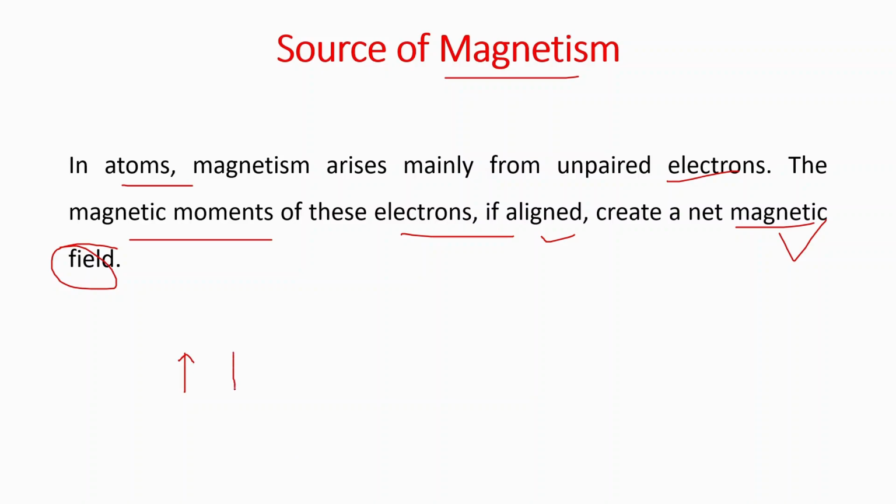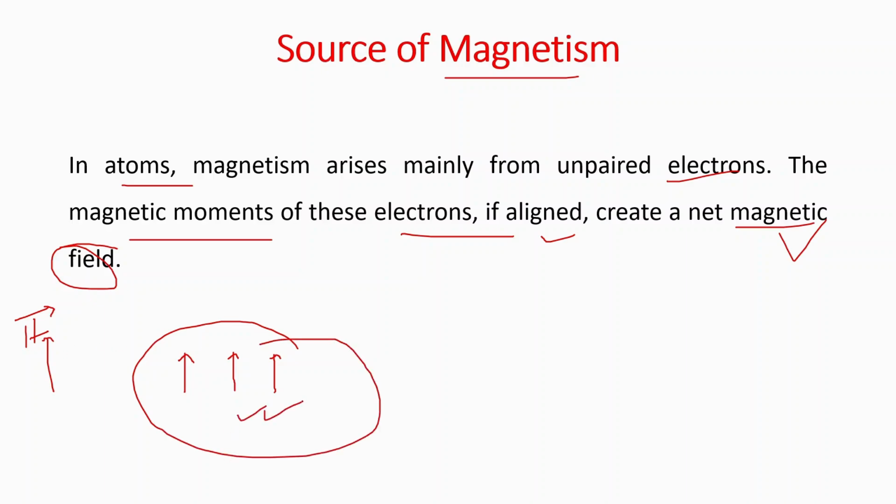Let me draw three magnetic dipoles. Suppose you have applied a magnetic field like this, H vector. So all of these magnetic dipoles have aligned. That means they will give rise to a net magnetic moment or a net magnetic field.